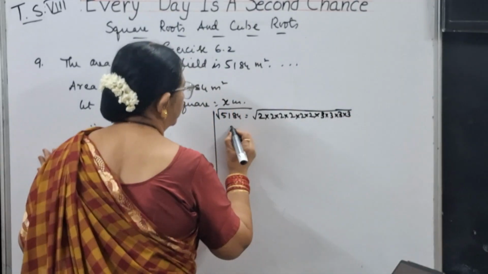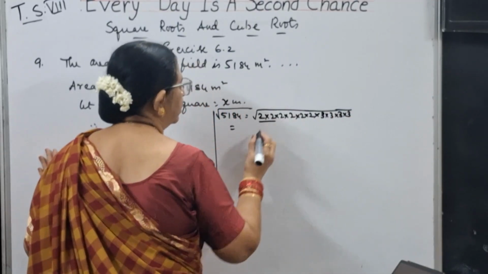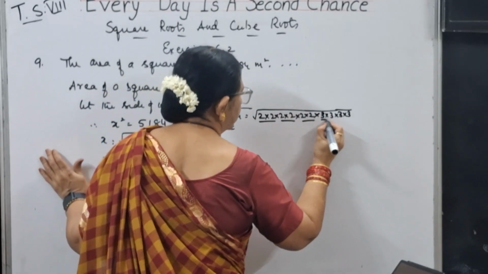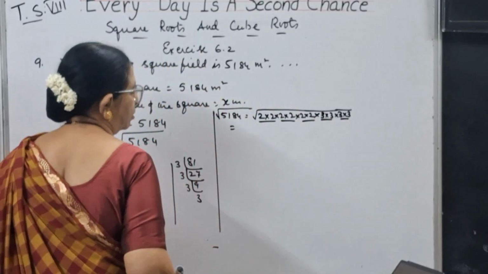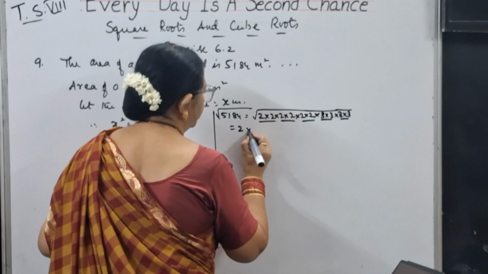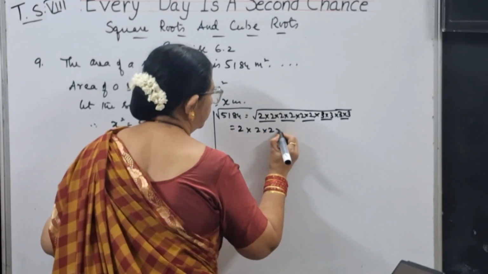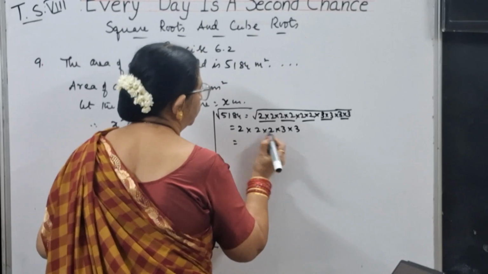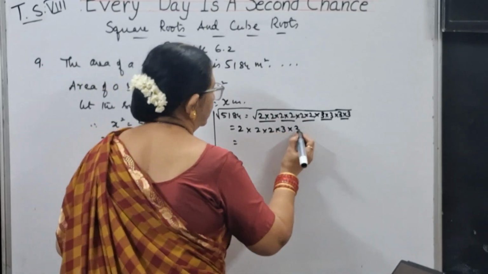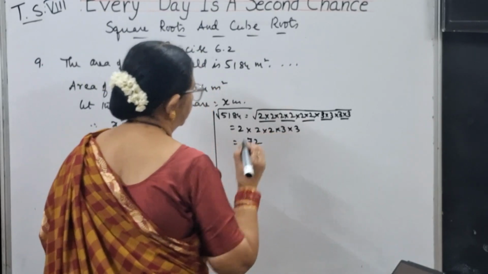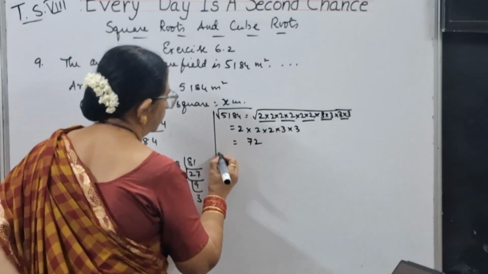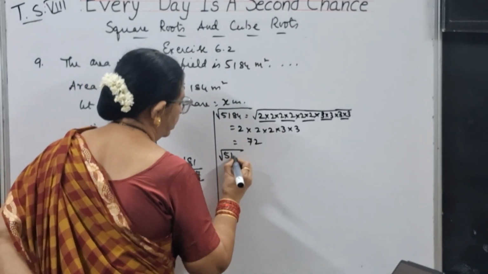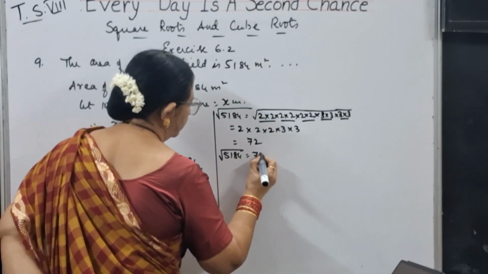So this is nothing but twos I'm making as a group, 3s also I'm making as a group. 2 into 2 into 2 into 3 into 3. 2 2s are 4, 4 2s are 8. 8 9s are 72. So root 5184 is equal to 72.